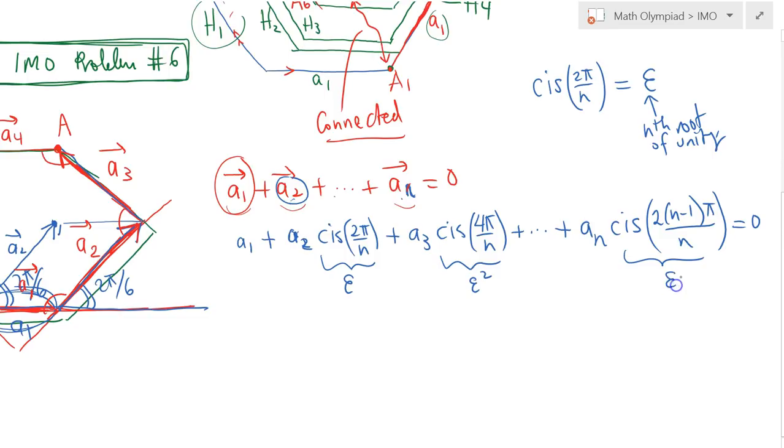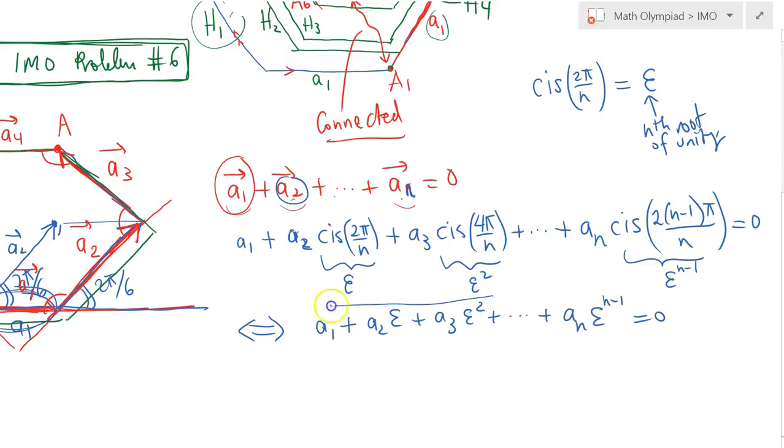Remember from de Moivre's theorem, right? We know exactly how to express these. So therefore, this is equivalent to a1 plus a2 epsilon plus a3 epsilon squared, and so on, all the way to a sub n epsilon to the power n minus 1 equal to 0. Okay.